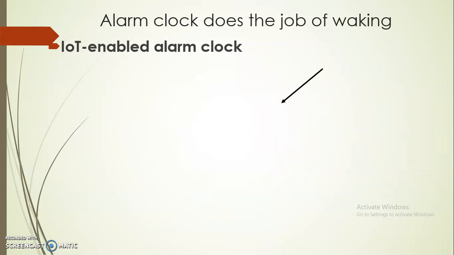Before telling you the definition of IoT, let me take a simple example in our day-to-day life. We are using an alarm clock to wake us up by setting the time. If this alarm is enabled with IoT, what will happen?